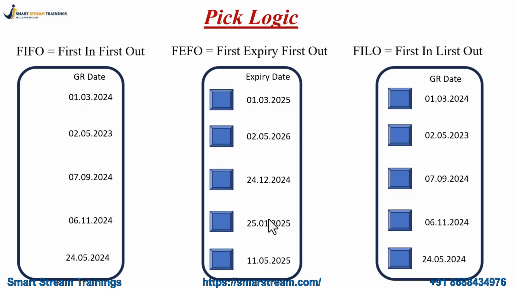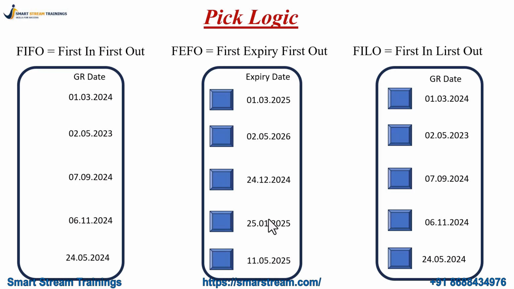And what is FEFO, first expiry, first out? It's not about GR dates, it's about when the product is going to expire. If the product is going to expire very soon, it has to be issued first, because if you keep that product in the warehouse, it may expire in the warehouse. So it's better to issue that product as soon as possible.